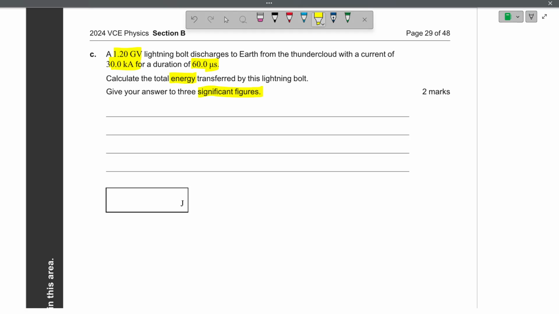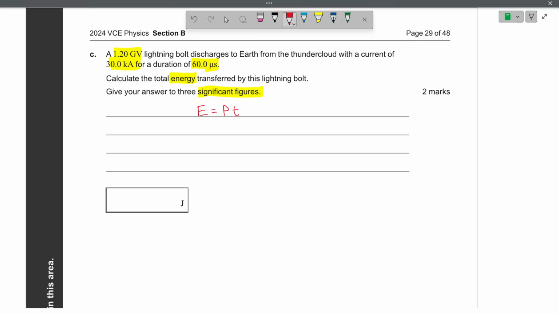Now there are a number of ways to put these things together in order to produce energy throughout a calculation. The way that I saw this and initially thought about it was, I know that energy is equal to power times time.